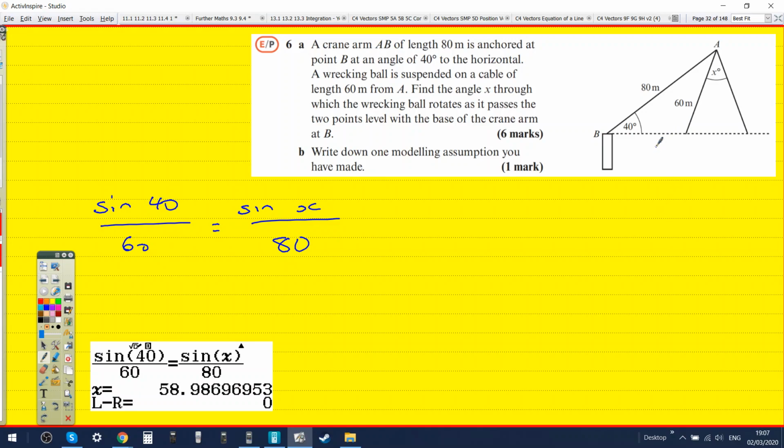Yes, and so what's happening here is the ambiguous case. What the calculator gave us, if you look at this whole triangle, it always gives you the one close to 0. And so that angle there is 58.987.